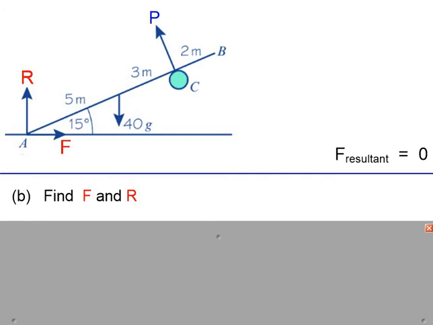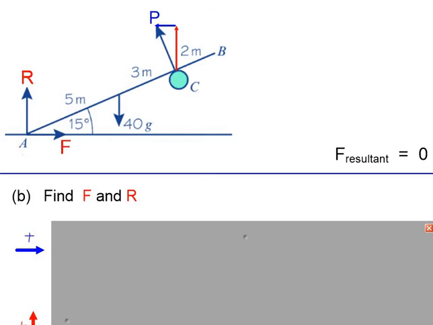And now to work out F and R, well, F and R are perpendicular to each other, so if I use these two directions to resolve forces, I need to look at force P, and force P has a vertical component and it has a horizontal component.